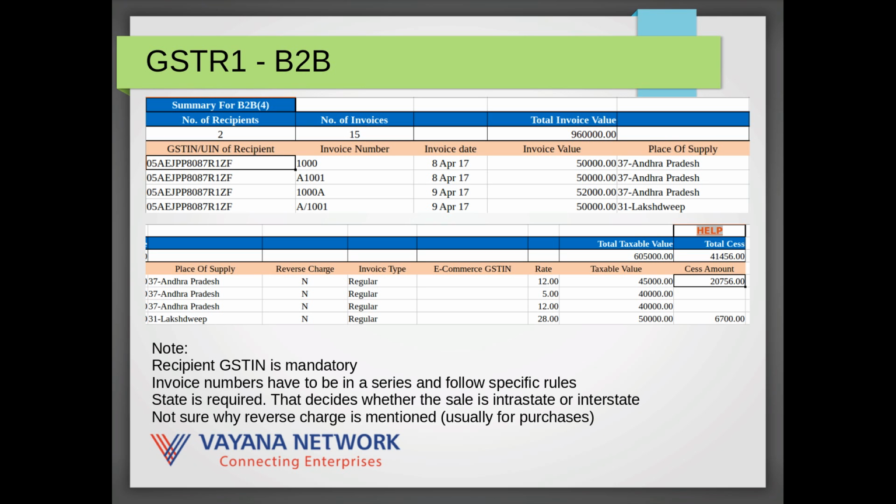This includes documenting the GSTIN of the recipient business. This is mandatory because without that it does not get treated as a B2B sale, and if the recipient GSTIN is not indicated here, the recipient will not be able to claim input tax credits on this particular amount.